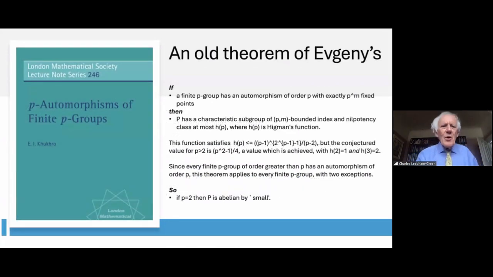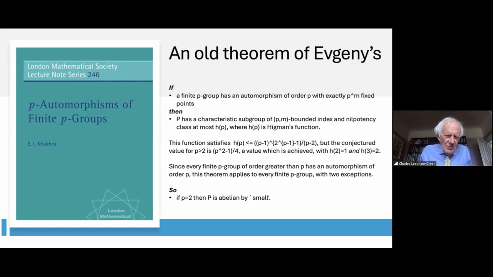So if a finite group has an automorphism of order p with precisely p to the m fixed points, then it has a characteristic subgroup of p^m-bounded index and class at most h(p), where h(p) is Higman's function as given. So if p equals 2, then it is abelian by small, where small just means that it's p^m-bounded.